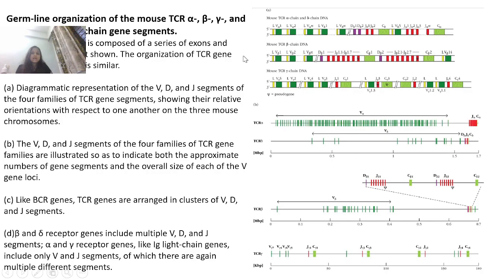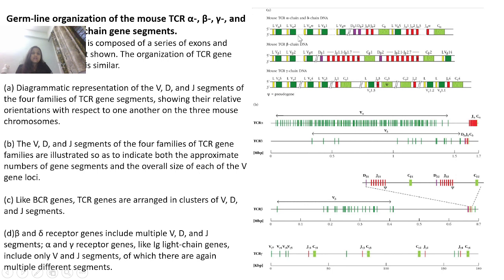So this is how the T cell receptor segments are arranged. The V, D and J segments are there, and it is similar in the case of humans. These are the mouse alpha chain and delta chain, and beta and gamma chain.